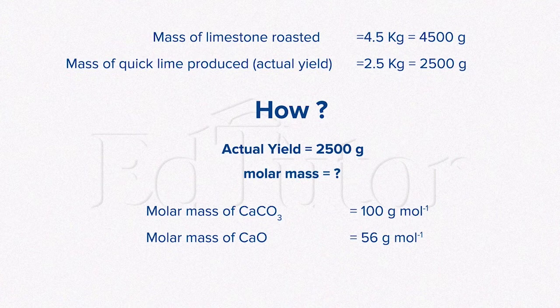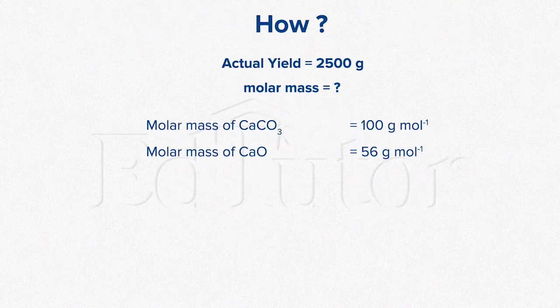I assume you have learned it by heart by now how these molar masses are calculated in reference to the previous videos. Moving forward, this balanced equation that we have, let's say, signifies that 100 grams of calcium carbonate would give 56 grams of calcium oxide, as both have 1 mole in the balanced chemical equation.